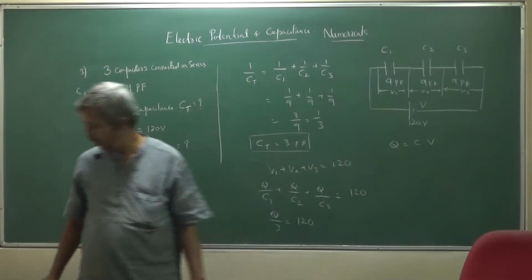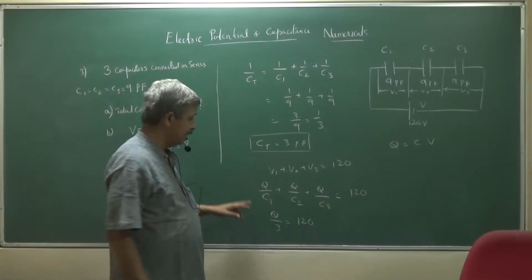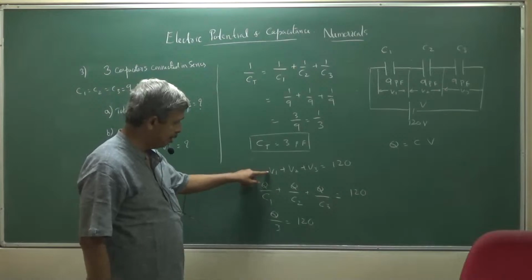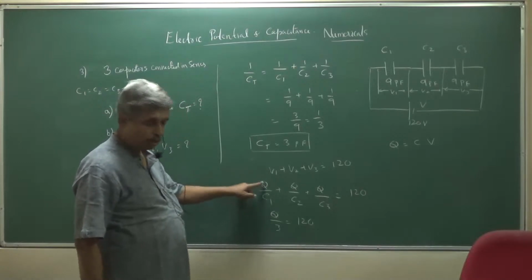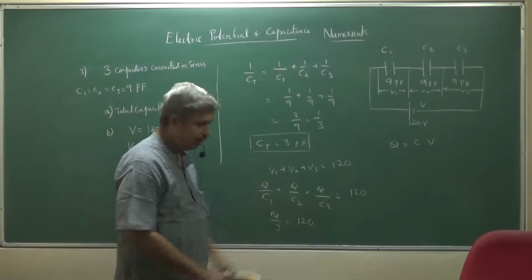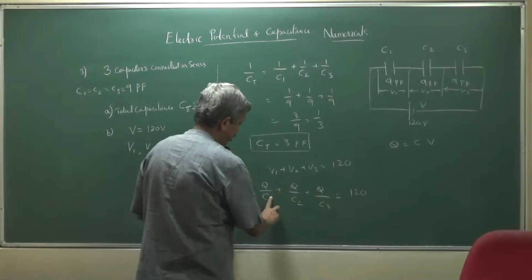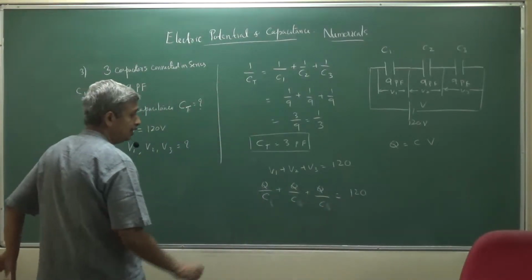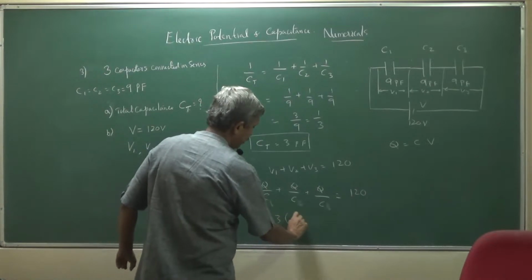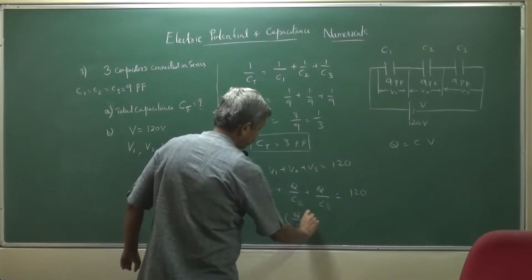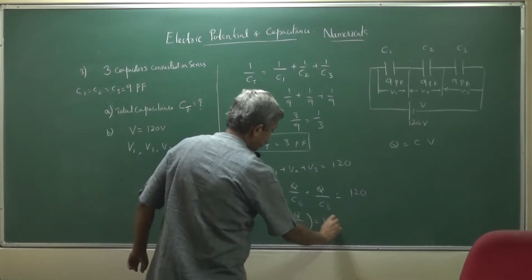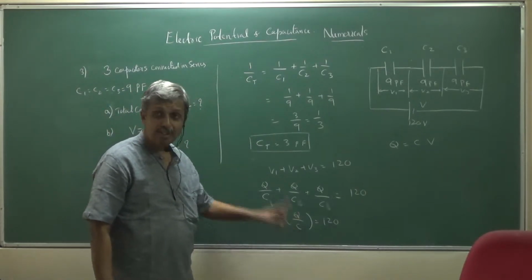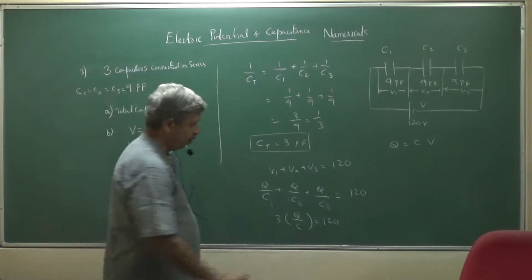In our case, since each C is same, V1 is equal to Q by C1, Q by C, Q by C, Q by C. So all of these are basically Q by C, correct? So this is nothing but 3 into Q by C is equal to 120. This is the voltage of one capacitor.